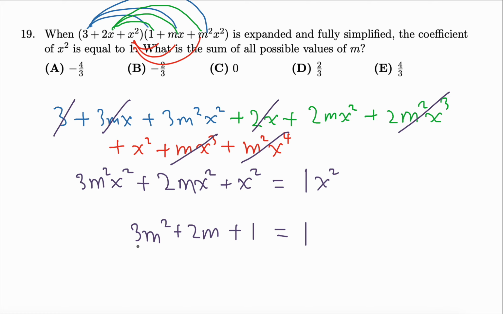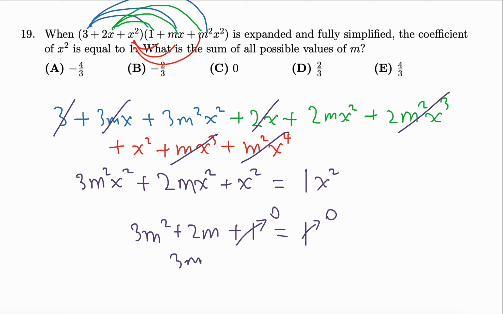And all we have to do now is solve for m. To do that, we can bring the 1 over to the other side. So this cancels out the 1 with the 1. Becomes 0.